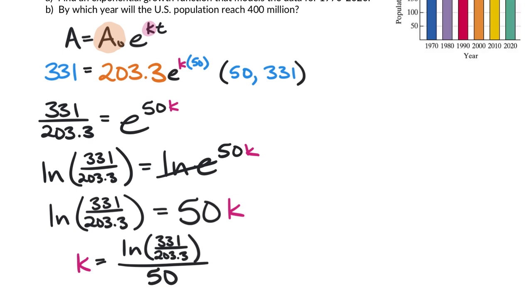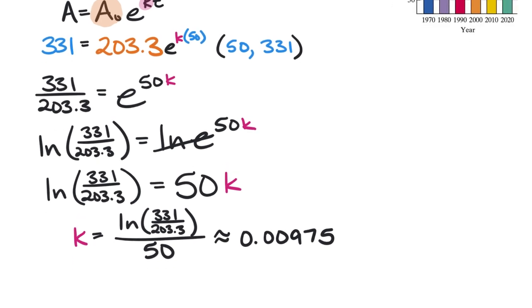Okay, when you evaluate that, I know it's got a lot of fractions happening, we would get approximately 0.00975. A key point to all of this is you really have to pay attention to what the problem in the textbook is asking you to round to because it will significantly affect your answers.